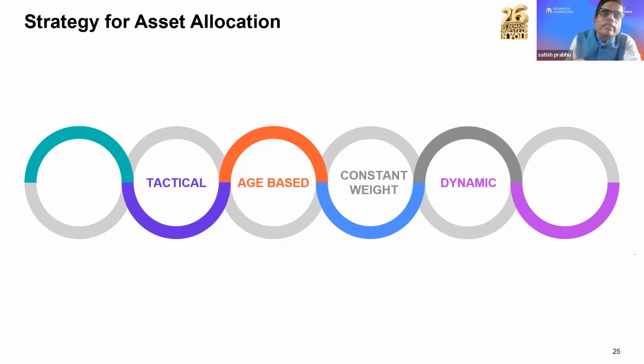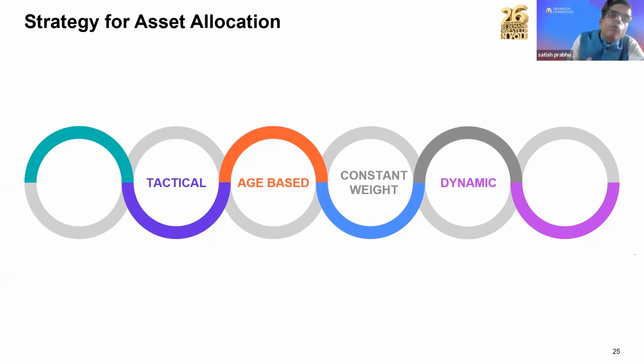Age-based asset allocation is a very simple allocation that today, if you're investing, say, in a pension scheme, may tell you that at a lower age, have more money in equities. For example, if you start investing for your retirement at the age of 25, the asset allocation may tell you that at the age of 25, you need to have 90% money in equity and only 10% money in debt.